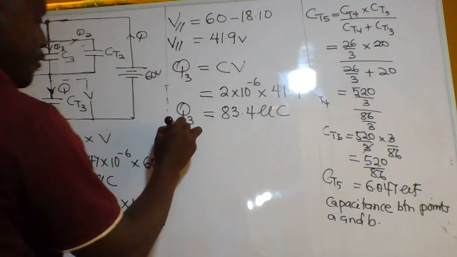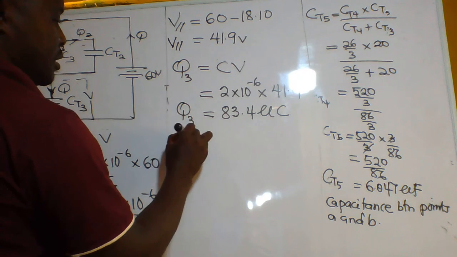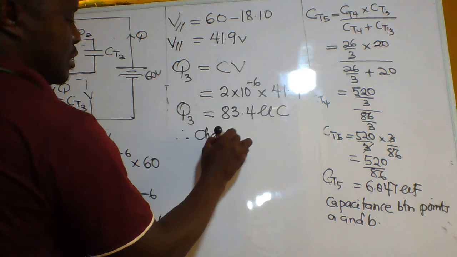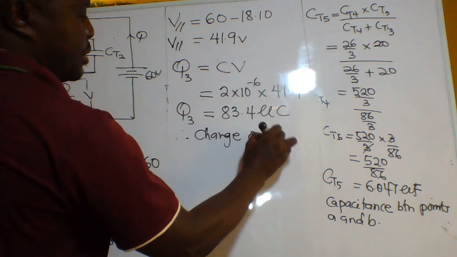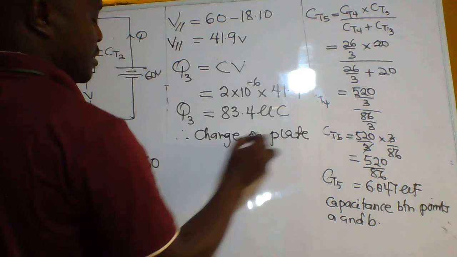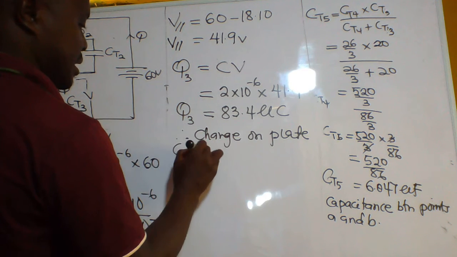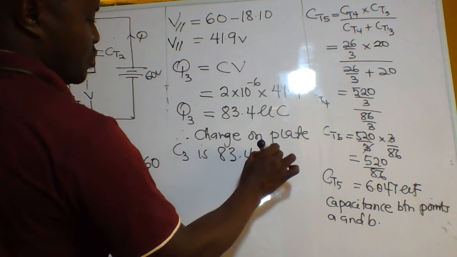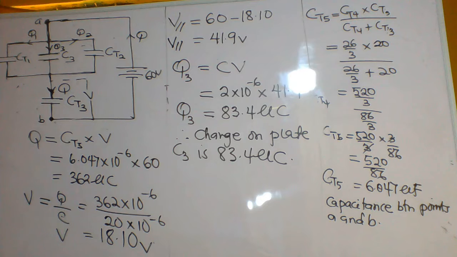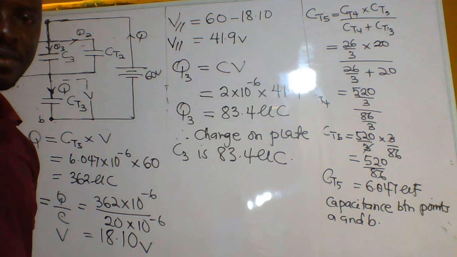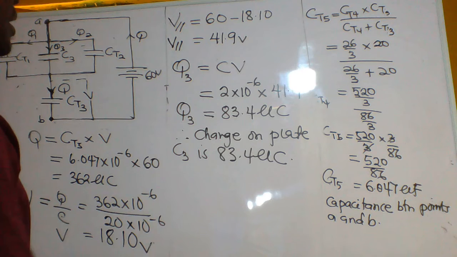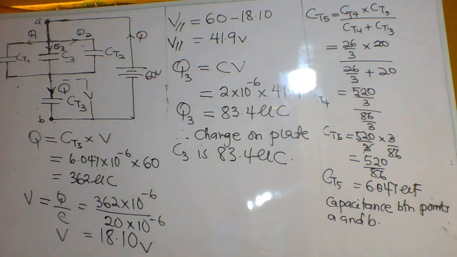So therefore the charge on C3 is 83.4 microcoulomb. This is the value of the charge on capacitance 3.